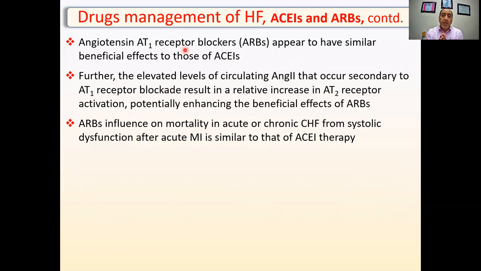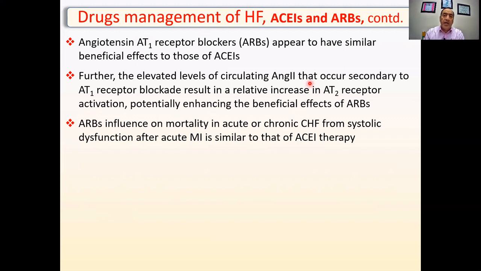In addition, angiotensin II has two receptors, AT1 and AT2. If I block AT1 receptors, what's remaining is the AT2. So more angiotensin II will be available to bind to the AT2 receptors.